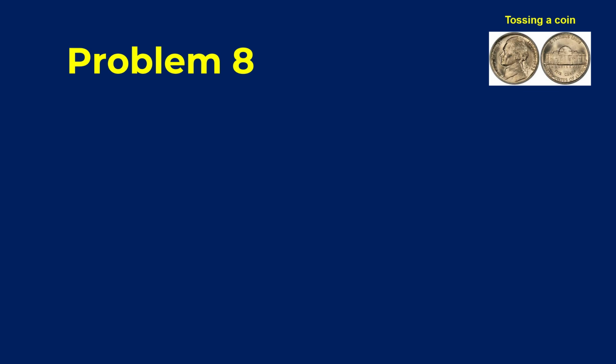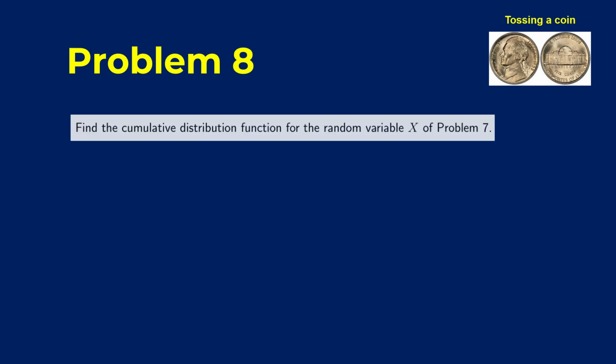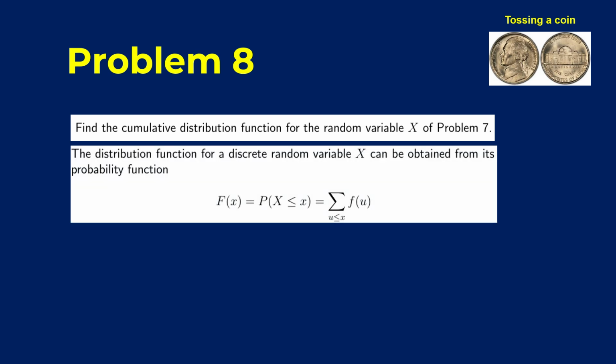In problem 8, we will find the cumulative distribution function for the random variable x of problem 7, which we solved in the last slide. The cumulative distribution function or CDF for a discrete random variable can be obtained by summing its probability mass function for all values smaller or equal to x.